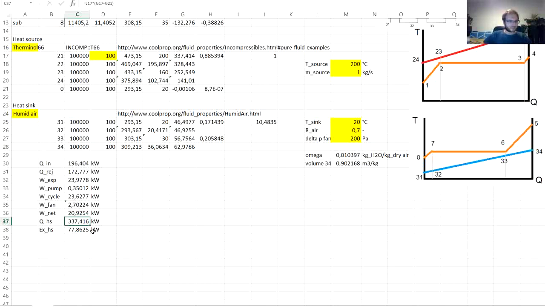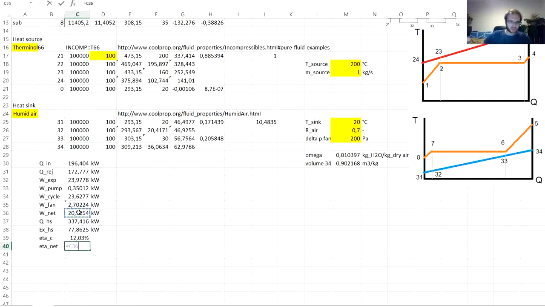Okay, now let's have a look at efficiency, or various expressions of efficiency. So first, the efficiency of the cycle. It's the work of the cycle divided by the heat input. Now we can also have the net system efficiency with respect to the heat input.